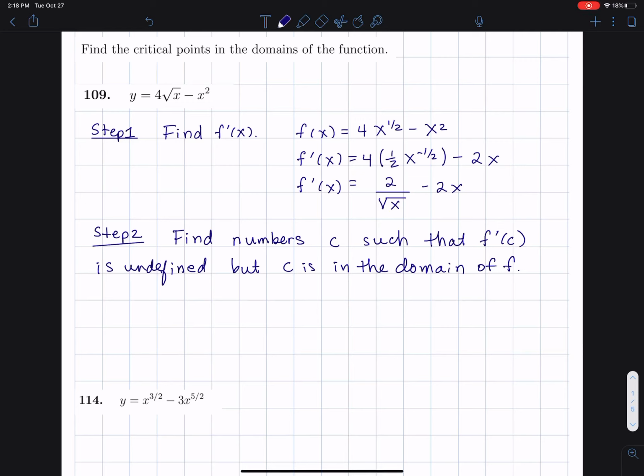It makes it seem more complicated than it is, because look, f prime is a fraction. And in that fraction, 2 over square root of x, we see there's x. And we also know in fractions we're not allowed to divide by 0. So we see that f prime of 0 gives 2 over square root of 0 minus 2 times 0, which is undefined. I mean, in a way, I don't even feel like writing equals.